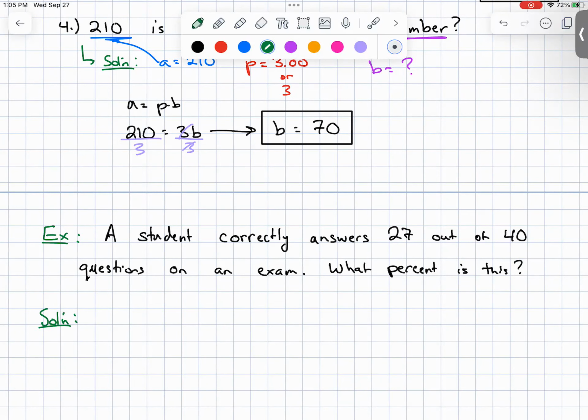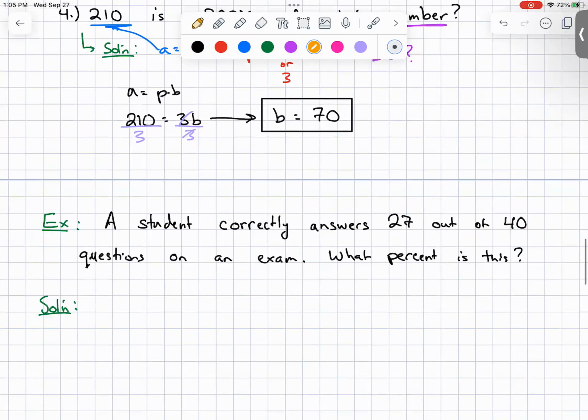It says what percent? We don't know the percent. And it says 27 out of 40. The of 40 gives us the B value. And that means that A must be 27.